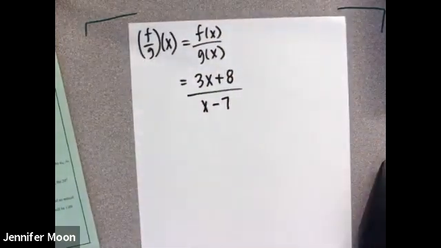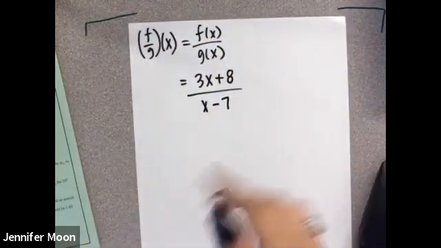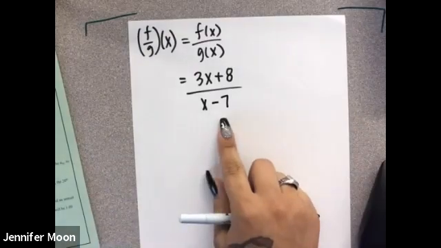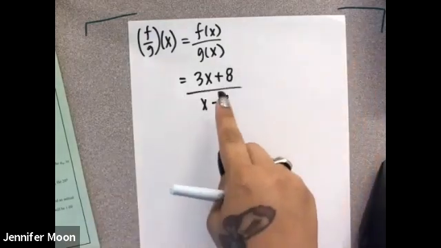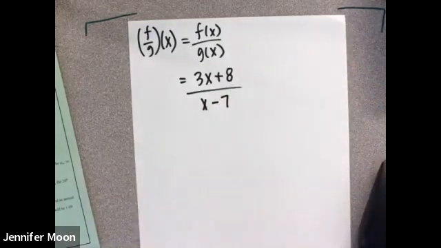Mathematically, y'all, there is no way to factor this any further. There's not a trinomial on the bottom. I don't see common terms to cancel. It's just my g is under my f, and I can't do anything else. So the only thing I'm concerned with now is what is my domain? What causes that to be 0? Because that's somewhere I know it would be undefined, and we can't have that. So it can't be that.